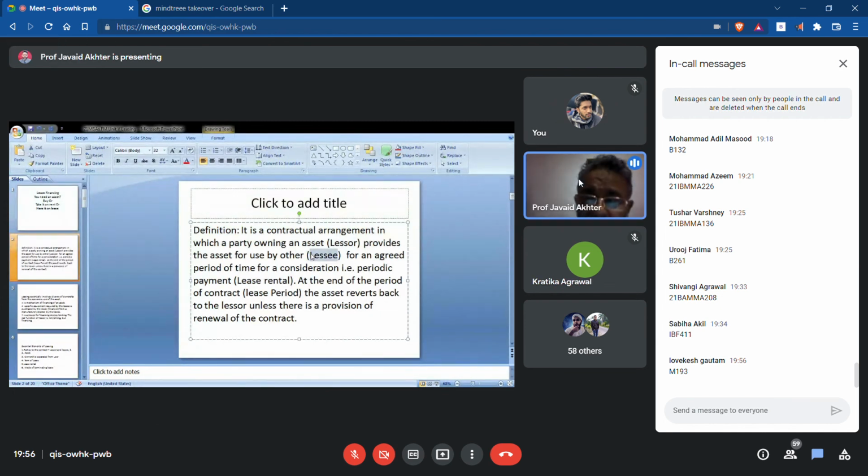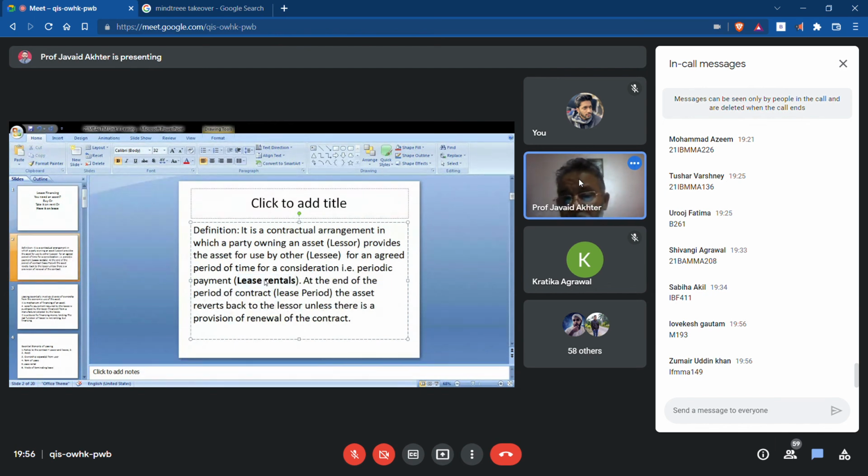Suppose A is owner, he has got a machine, B wants to take the machine on lease, so A will be lessor, B will be lessee. Now, the consideration against which A gives the machine to B is known as lease rental or lease rentals.